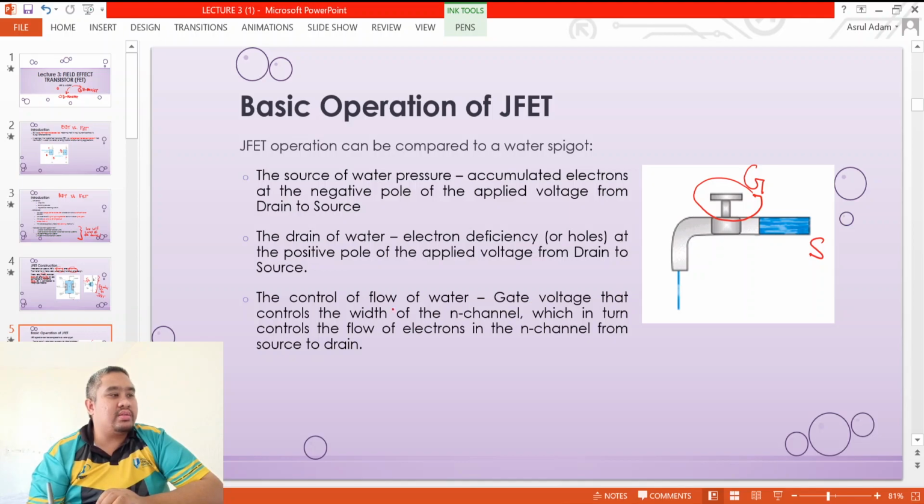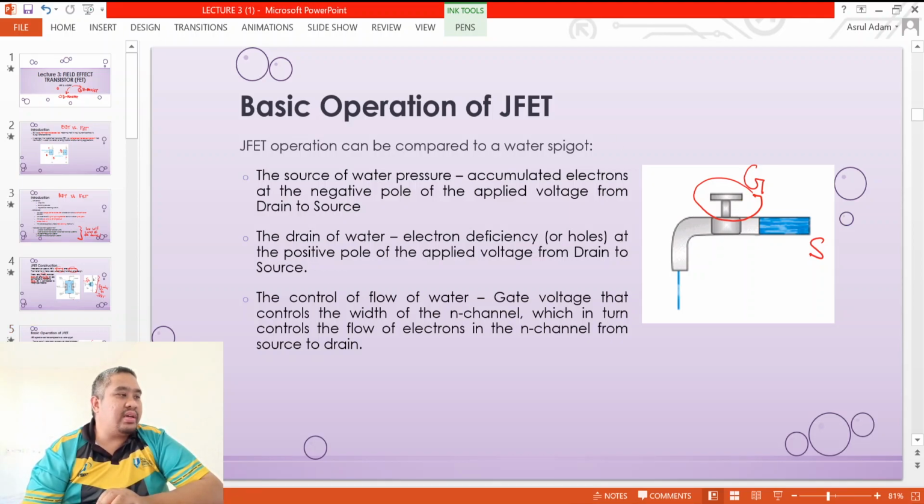The gate voltage controls the width of the N channel, which in turn controls the flow of electrons in the N channel from the source to drain. So we have the source here, and the gate here to control the voltage.